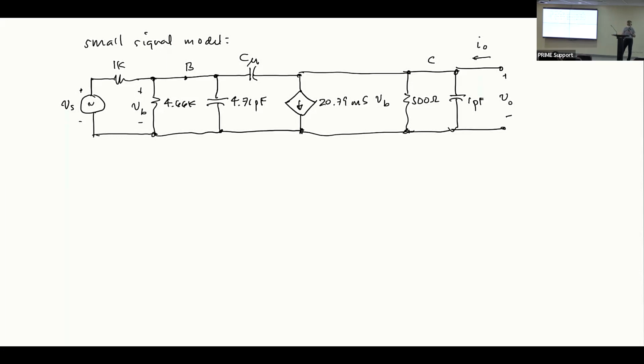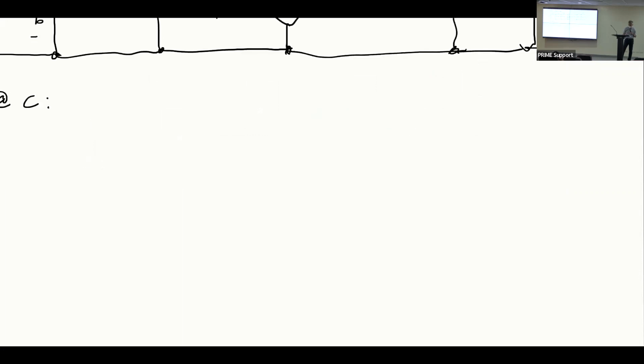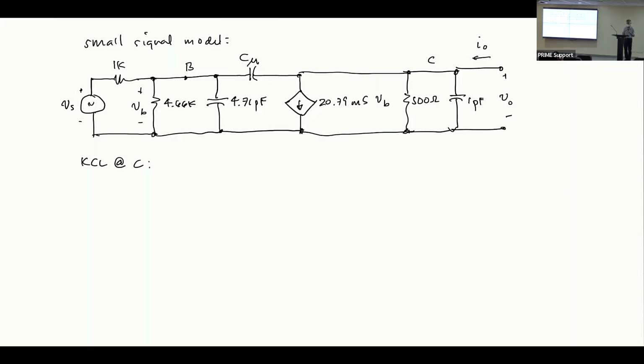First, we'll do a KCL here. So let's do that. KCL at C. Okay, what are my components? My current through my 1 picofarad is going to be like this, no? It's going to be V_O over 1/(1pS), no?